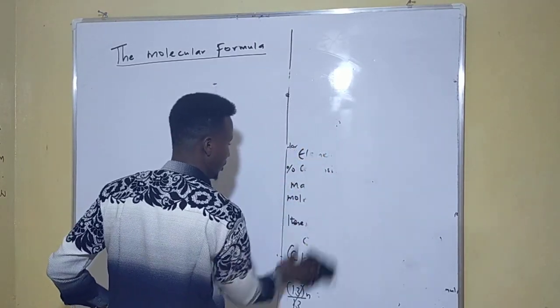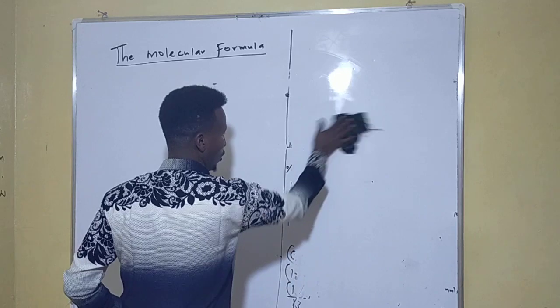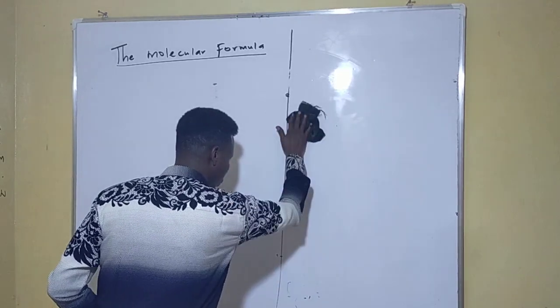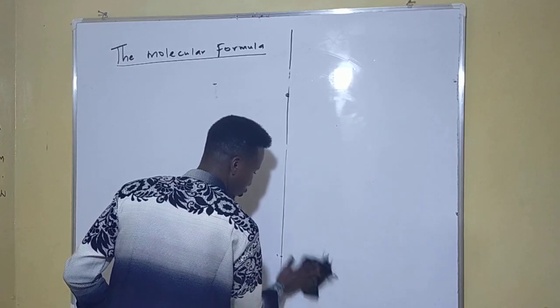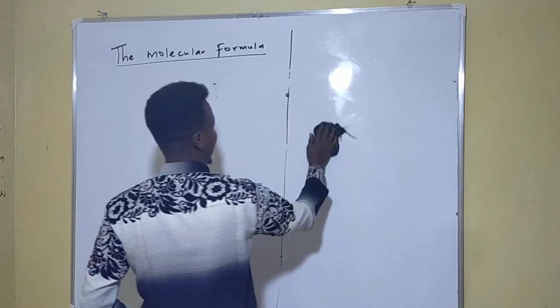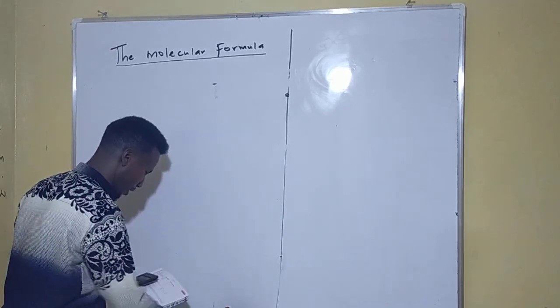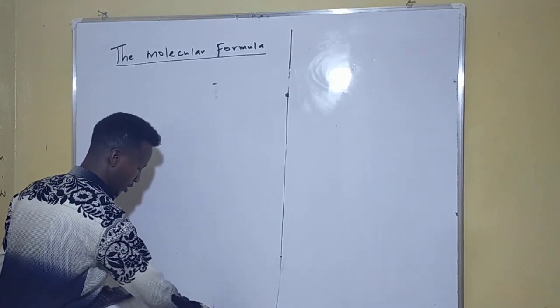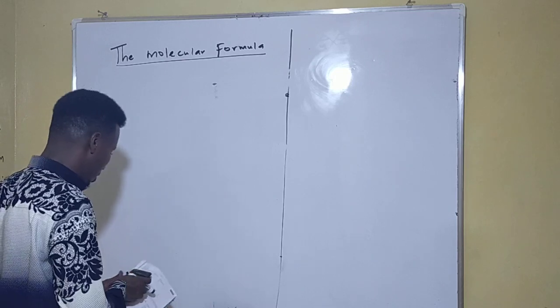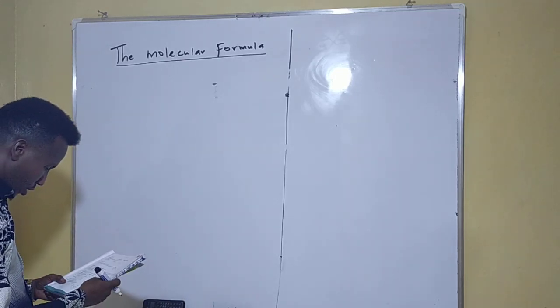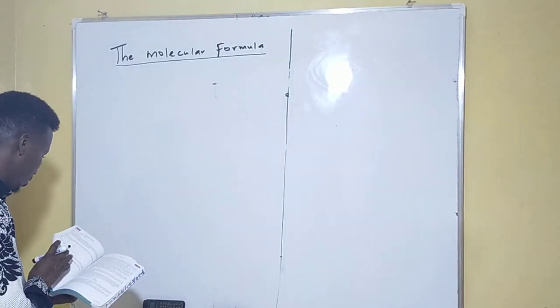So we are saying the molecular formula is always a multiple of what? The empirical formula. So when you get the empirical formula, then you multiply by n, equate to the molecular mass, to get the molecular formula. Okay, guys, this is very easy.